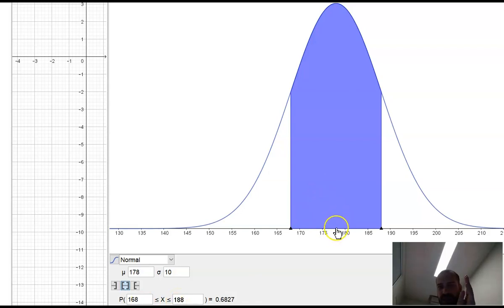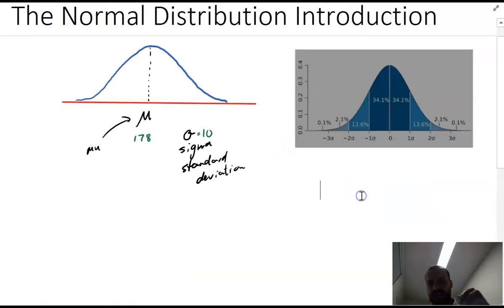We get this number here, 68.27. So we can round it to 68.2% of people are within 1 standard deviation of the mean.